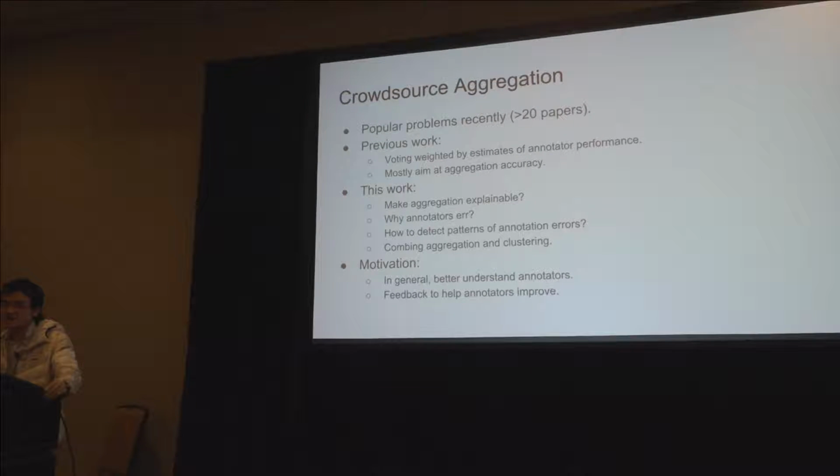If we understand why they are making the mistakes, then we can provide, say, personalized feedback to help the annotators improve. And the requester can also revise the task instruction to get better data in future.